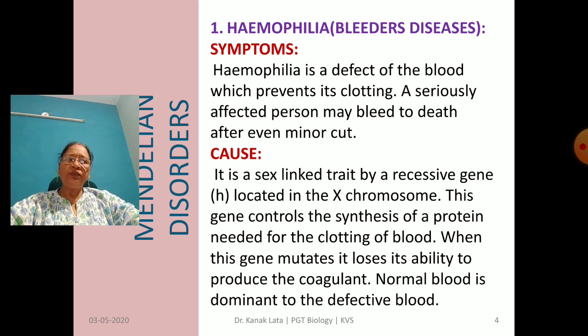Due to gene mutation, it loses its ability to produce the coagulant. In this case, normal blood is dominant over defective blood. So that is why female is carrier, because this is present in the X chromosome and female is having 2 X chromosomes.